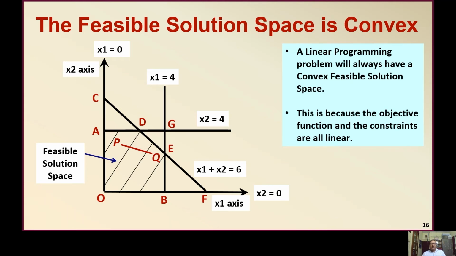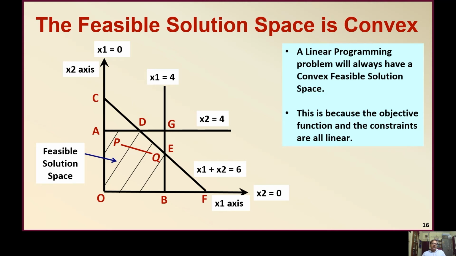So you see, a linear programming problem will always have a convex feasible solution space. This is because the objective function and the constraints are all linear. Obviously, for the solution space, we have not yet talked about the objective function. If the constraints are all linear and they bound a solution space, it is always going to be convex. Once again, how to know that this is convex?